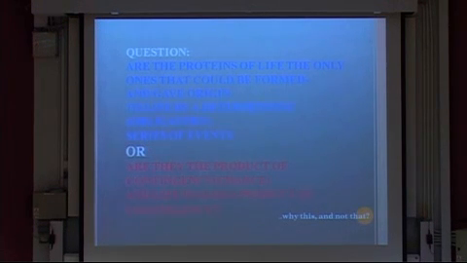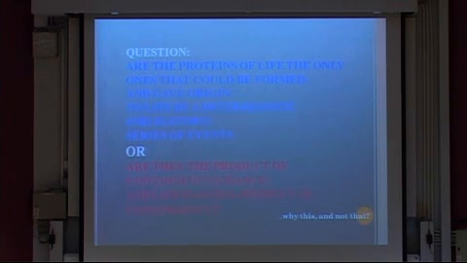In other words, are the proteins of our life the only ones that could be formed and gave origin to life by a deterministic, obligatory step? Only those could be formed, or the opposite view, the contingency view: are they the product of chance?